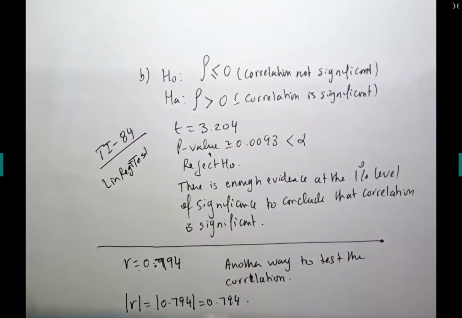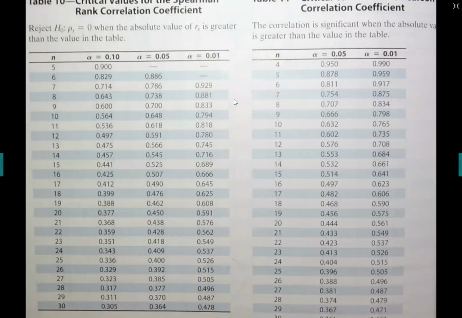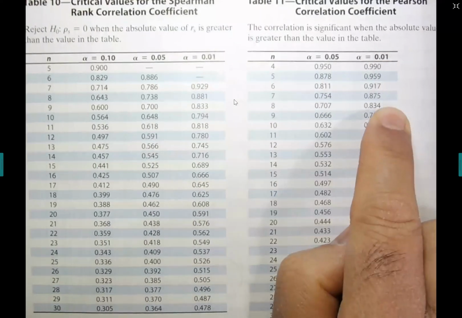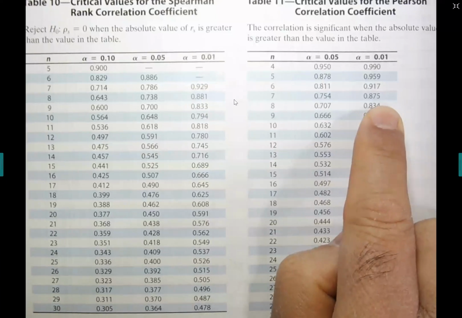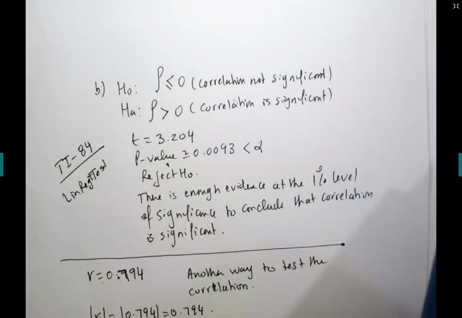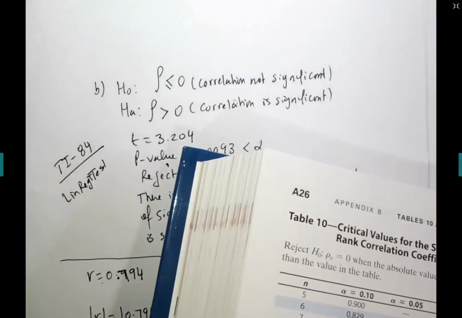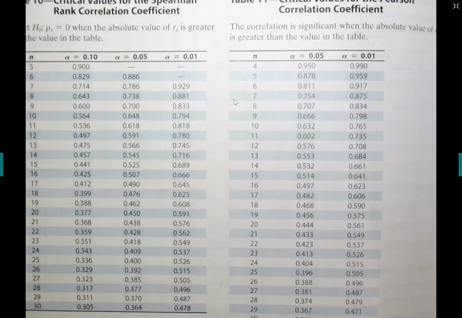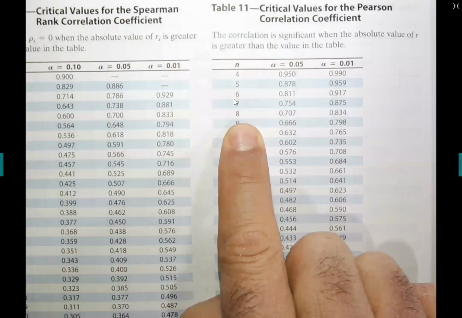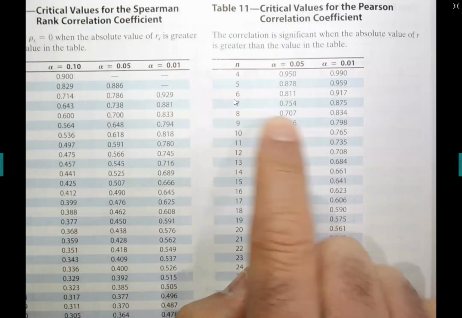And look how we can use this table. And alpha was 1%. So I'm right here, and 8. The correlation, what did we get here? N equals 8.